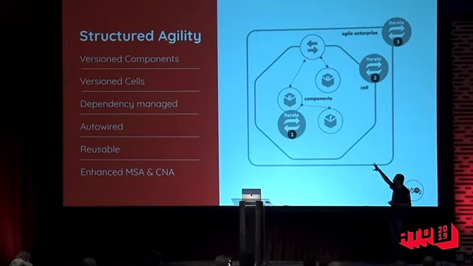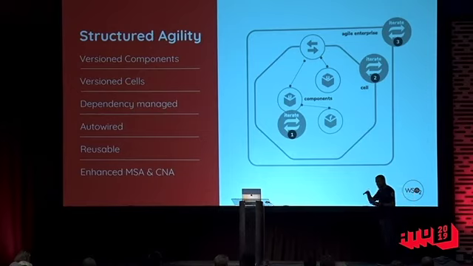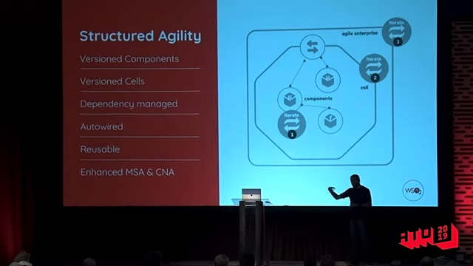You can be iterative within the component, and since the cell has its own version, you can be iterative at the cell level, and then you get agility at the global or enterprise level as well. So you get three levels of agility because of these versioning concepts that we have incorporated into the architecture.